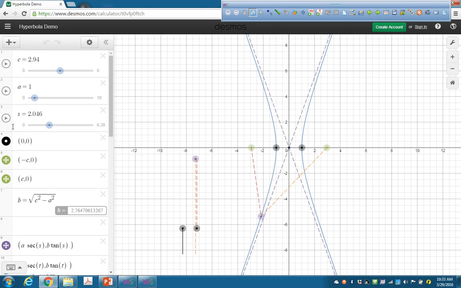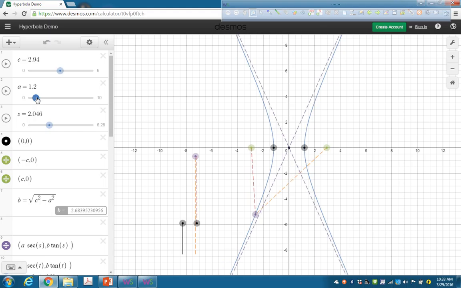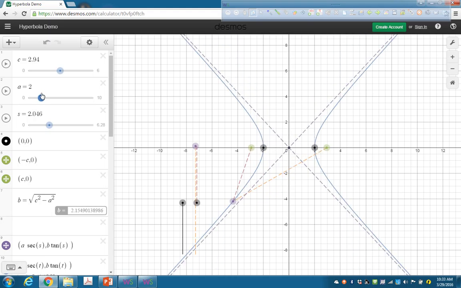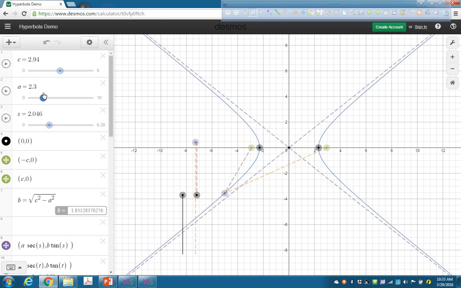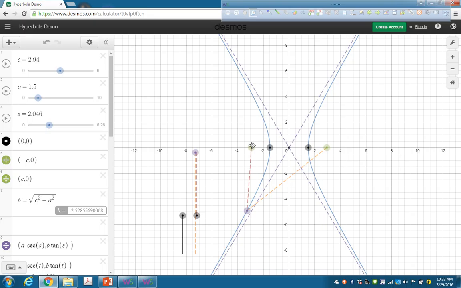So on Desmos, here's a hyperbola, and it's cool what you can do. In this case, a is the distance from here to here, and I can drag a, and that changes my hyperbola. You notice that as a gets further from the center, it gets more stretchy. Here's c, the distance from here to here.